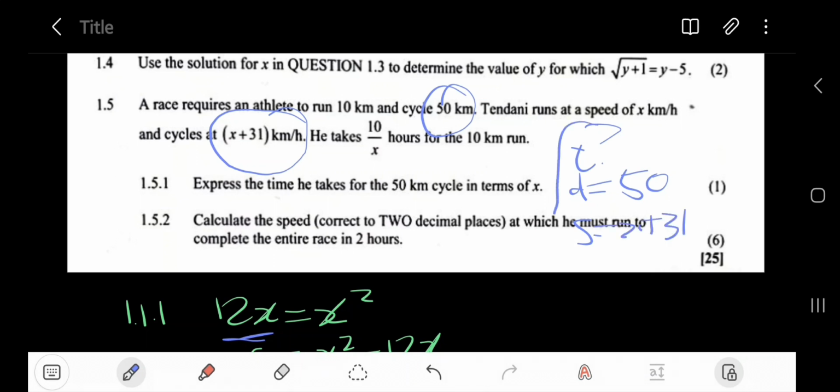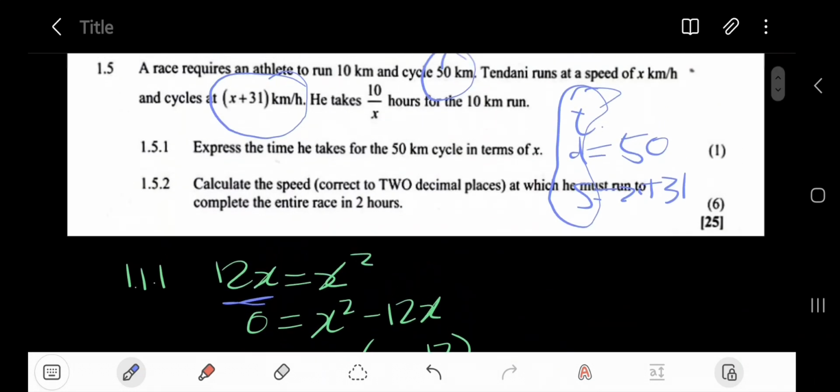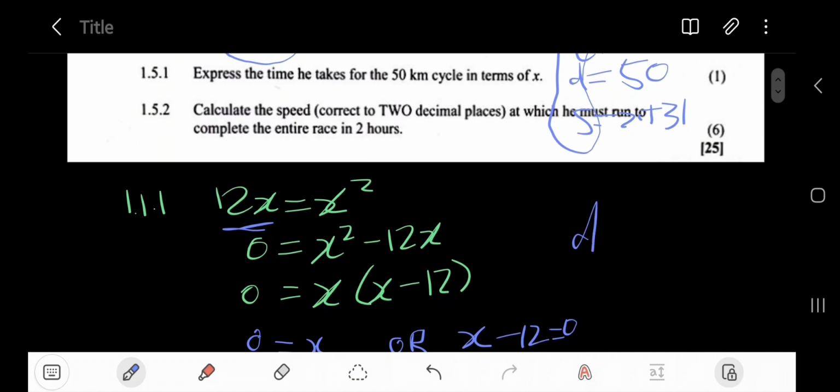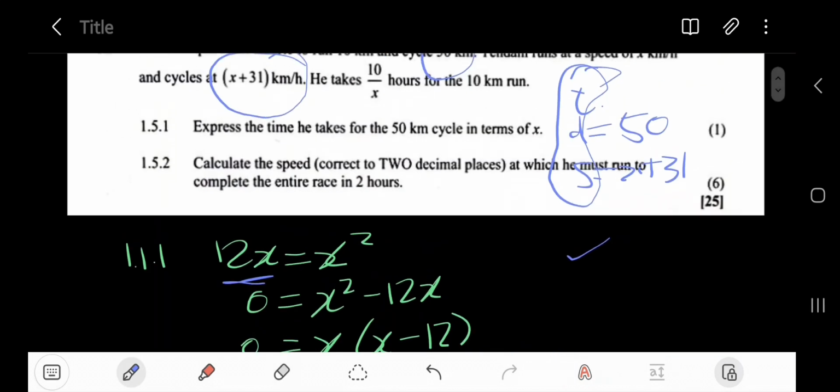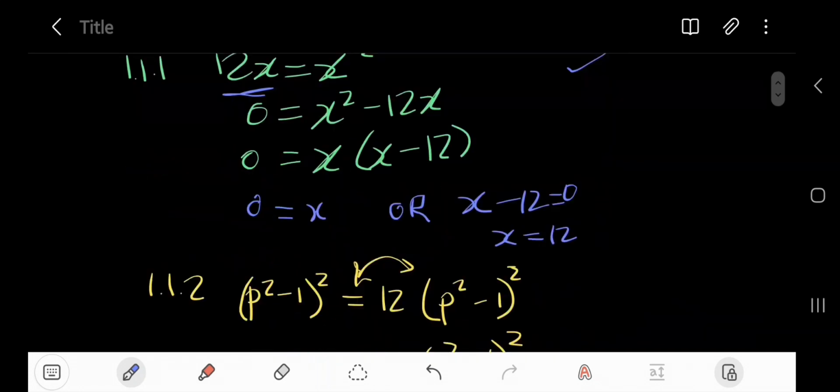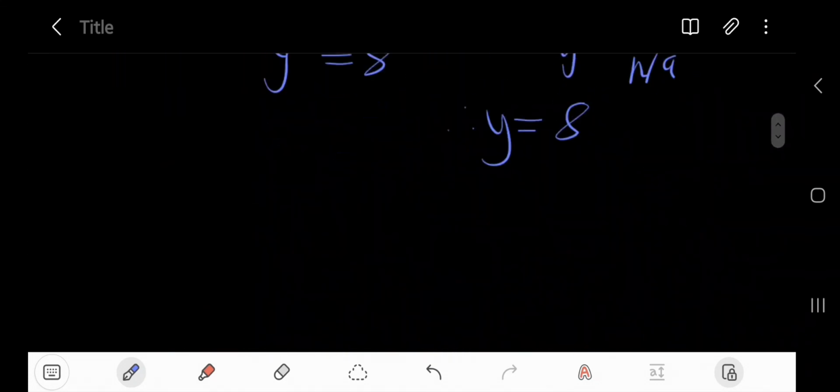You can come up with a relationship that distance is equal to speed times time. Using this, we can manipulate it and find t, because we have speed and we also have the distance. So they just want us to express the time that it takes for the 50 kilometers cycle in terms of x.